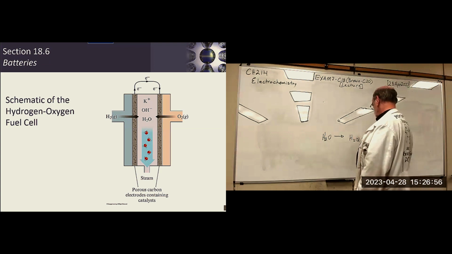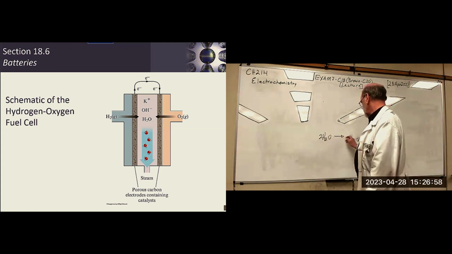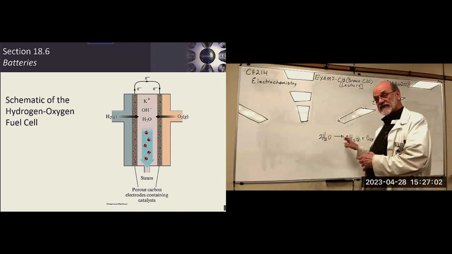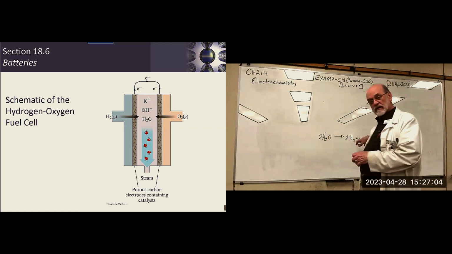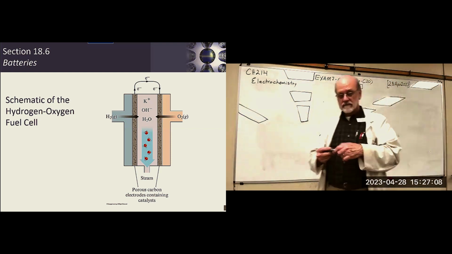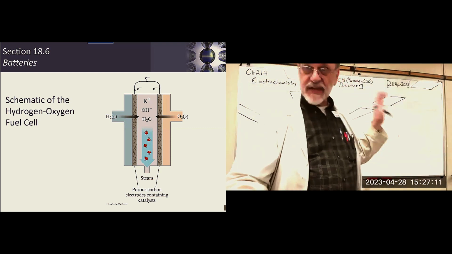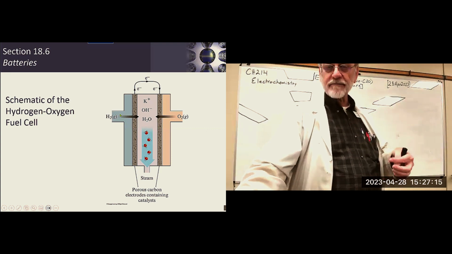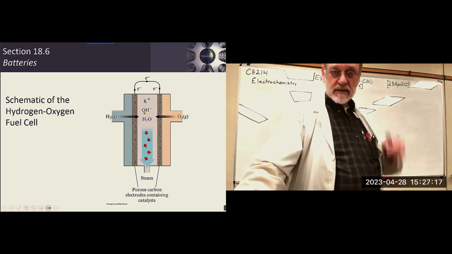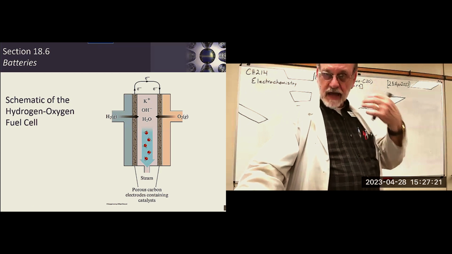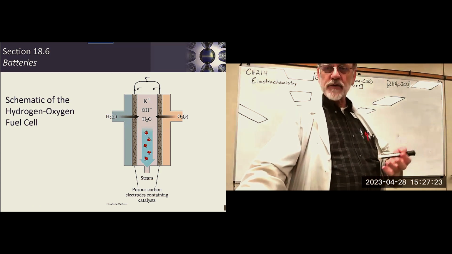Let's see, 2 and 2. So you put energy in, because this is not spontaneous, and you split the water, and then you could put that in your vehicle. Actually, all you need is hydrogen. You get oxygen from the air, and then run your vehicle on this galvanic cell, this fuel cell.